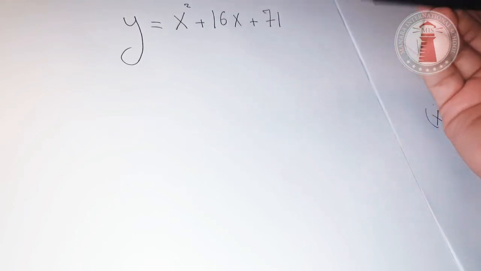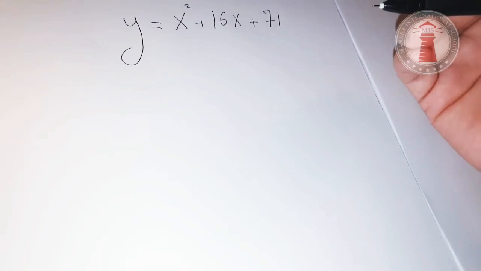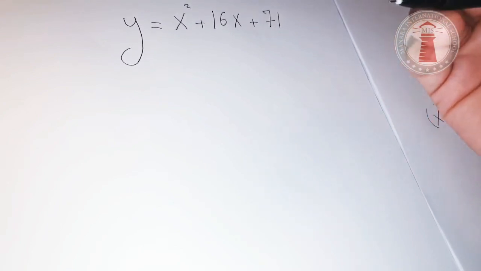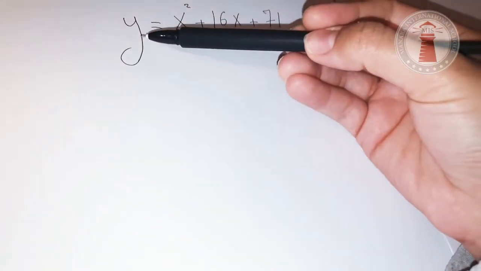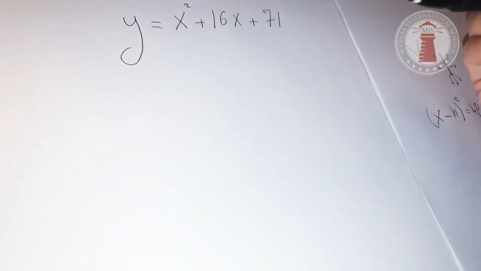We call them terms because they're separated by a plus or negative sign. So we'll have y plus or minus a number, x plus or minus a number, and then we'll see if there are any powers included.